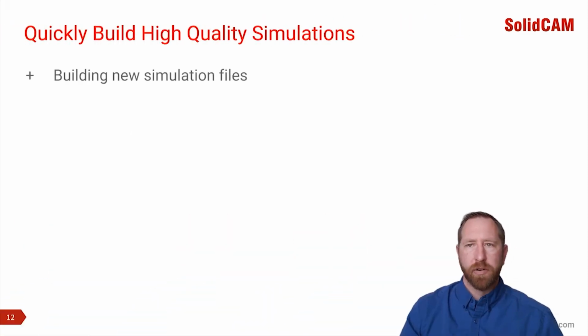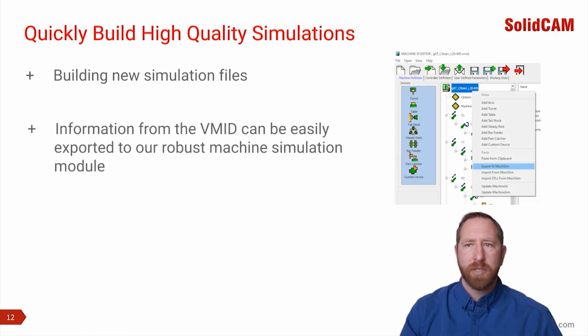All of the information from this newly created VMID file can be exported into our robust machine simulation module. 3D models of the machine components are then assigned to their respective axes or fixed machine location.